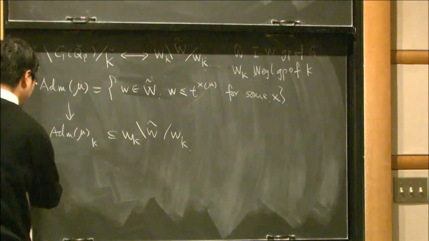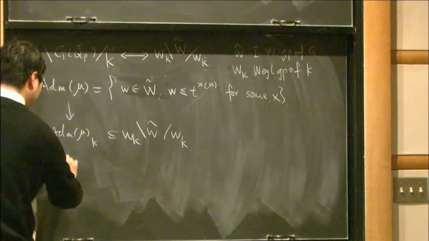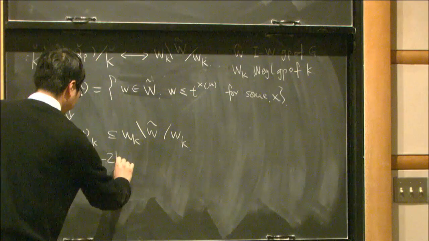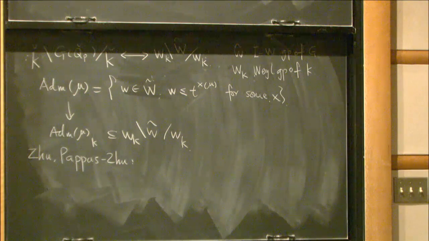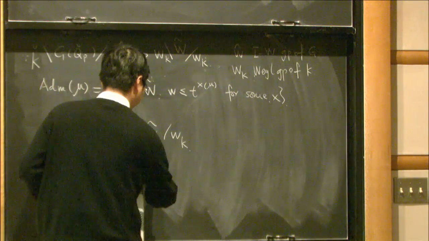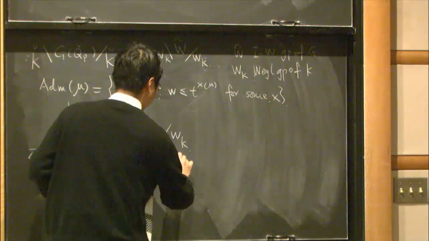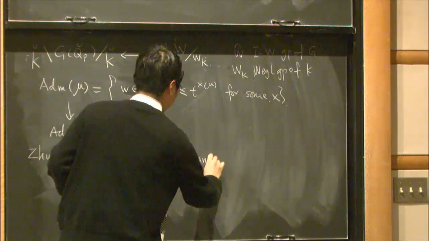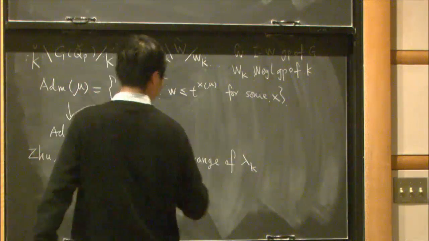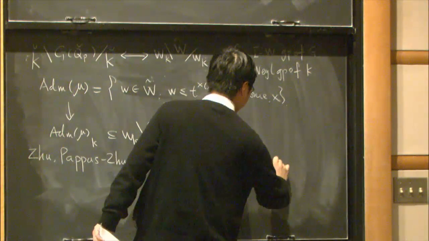And then by the work of Zhu and Pappas-Zhu on the local model, we know that the natural range of this map of this lambda K is this admissible set.